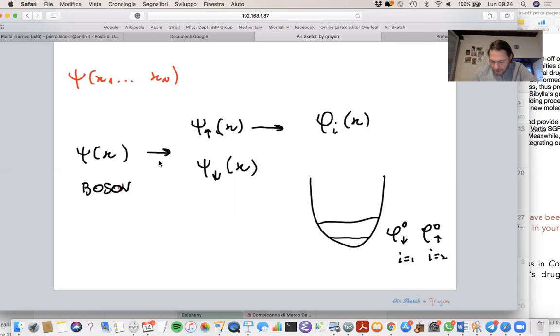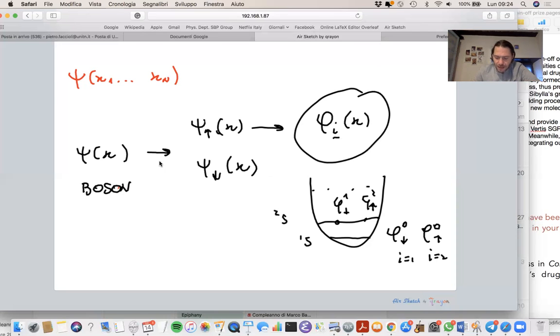If you put a particle in the first excited state, this could be an S wave, a second S wave, or a P wave, depending on your problem, like phi 1 down, and another function, phi 2 up, and so on and so forth. So you have a multitude of states you could place an electron in, and we can label that with an index i, which does include spin as well.